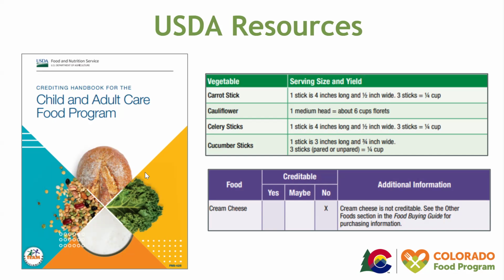It doesn't have enough protein to credit as a meat alternate, so it does not count towards anything in the meal pattern. However, you can serve it. Think of it as if you were having syrup with pancakes or ketchup or ranch dressing, an extra condiment to add flavor. But those answers can be found in the crediting handbook, which is extremely helpful.